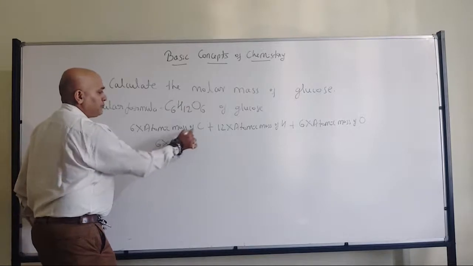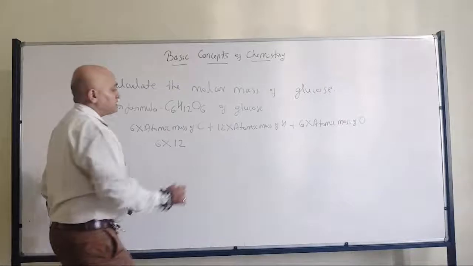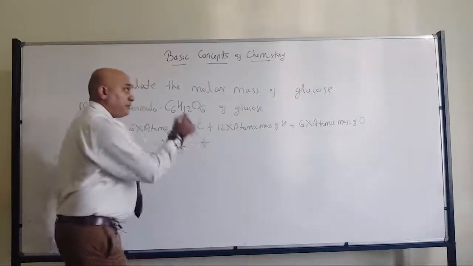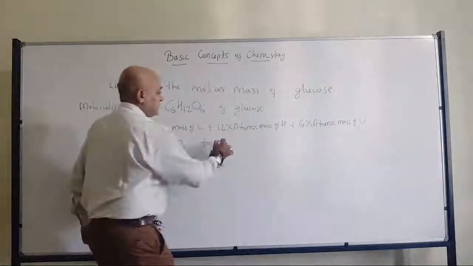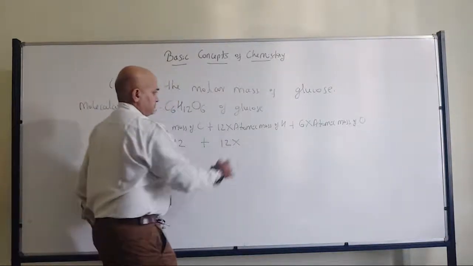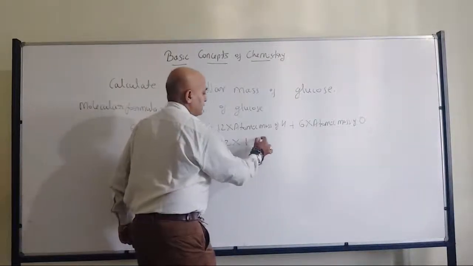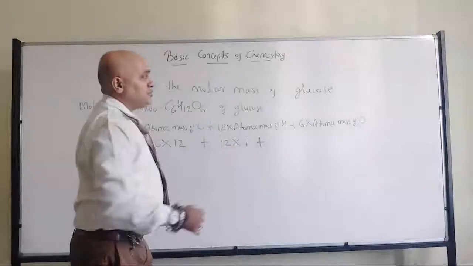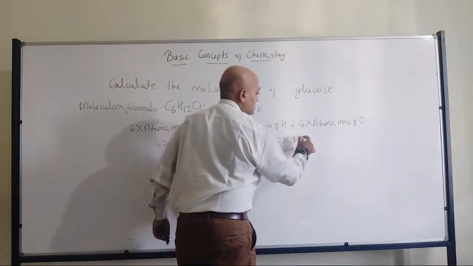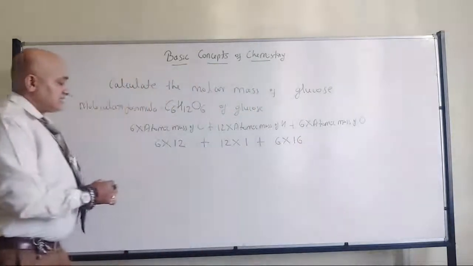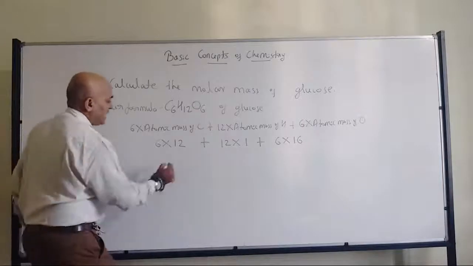So 6 into atomic mass of carbon, which is 12. Atomic number is 6 for carbon, but atomic mass is 12. Now 12 into atomic mass of hydrogen, that is 1, plus 6 into atomic mass of oxygen, that is 16.